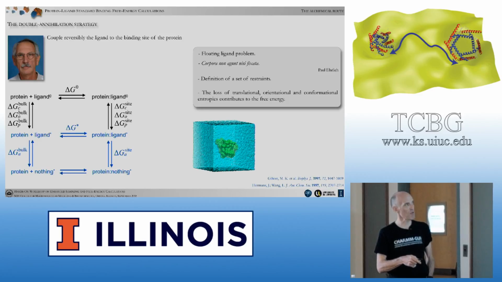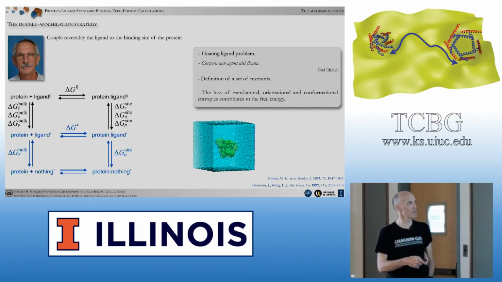We're going to first restrain the ligand. So 0 is actually the ligand unrestrained. The star means that it's going to be restrained. By restrain, I mean restrained to its native conformation, orientation, and position. And only then, when it's restrained, we uncouple it, or we couple it to the binding site.